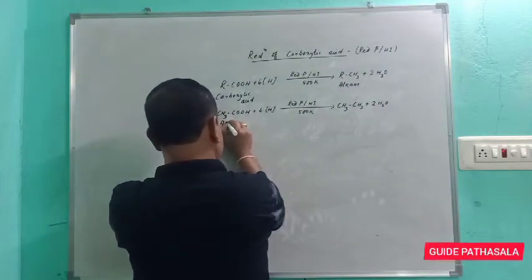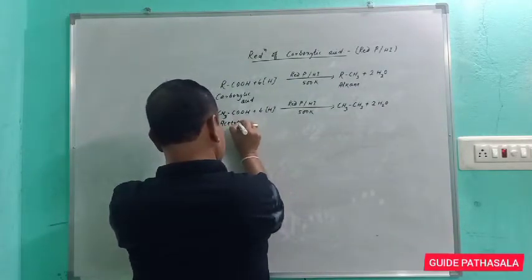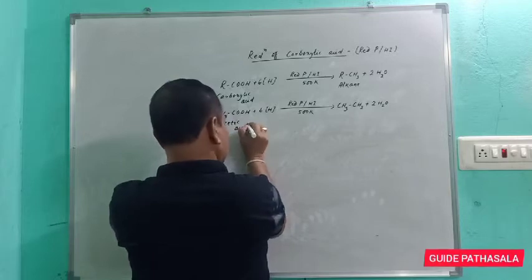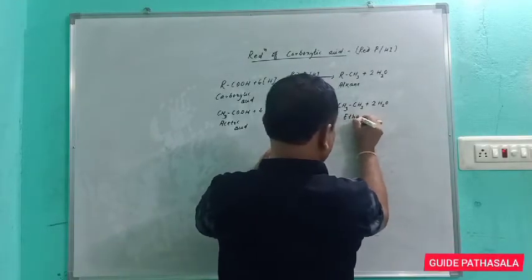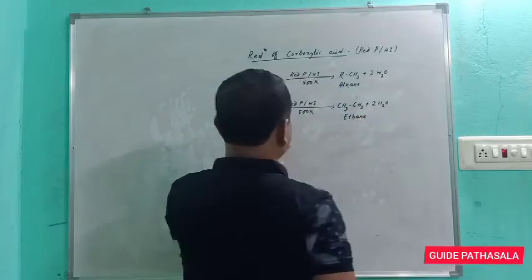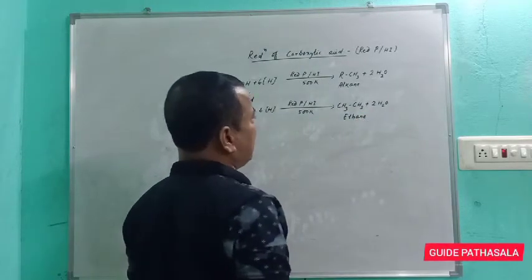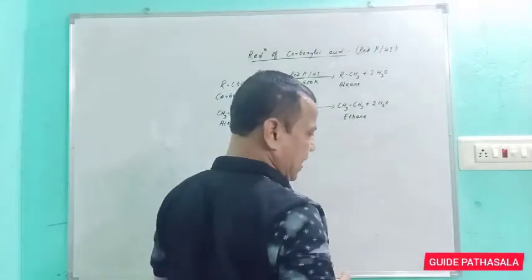Acetic acid gives ethane. So this is the reduction of carboxylic acid in presence of red phosphorus and HI.